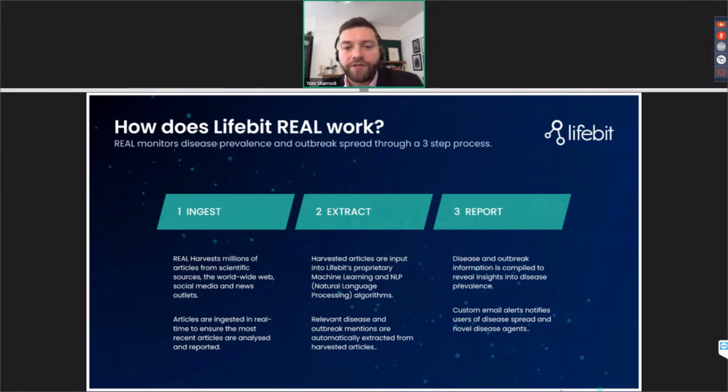The second step is an extract, and here we use our proprietary machine learning and natural language processing algorithms to extract data points from these articles, and we basically look at disease and outbreak mentions in an automated way. And finally, we then report this. So disease and outbreak information is compiled to reveal insights into disease prevalence and infectious disease spread. And we provide custom email alert notifications for when diseases and novel agents are identified, which are of interest.